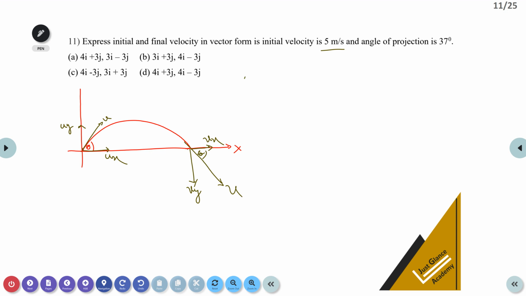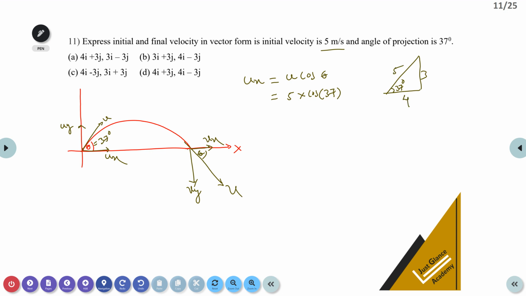Here first I have to find ux. ux equal to u into cos of theta. What is theta here? 37 degrees. So 5 into cos of 37. We know one standard triangle, theta 37 degree means it is 3, 4, and 5.